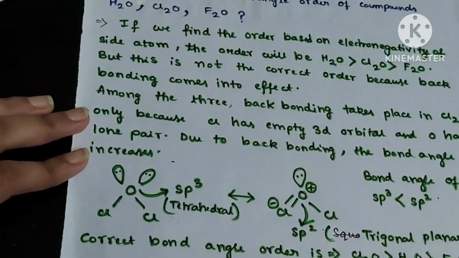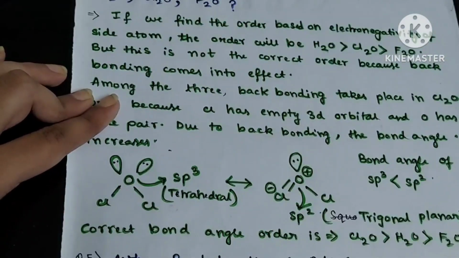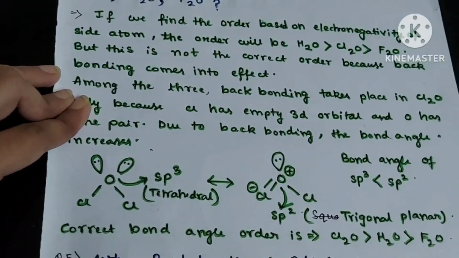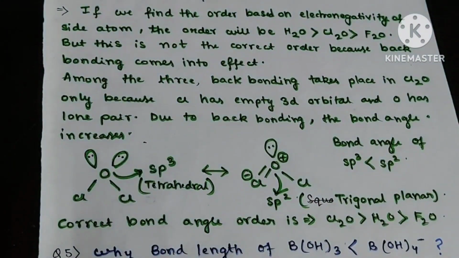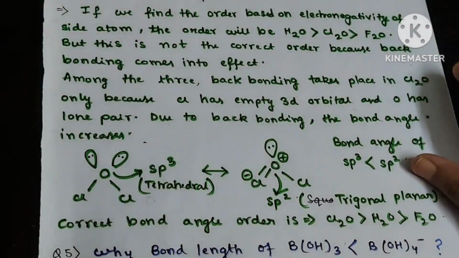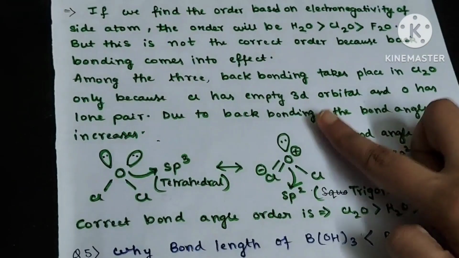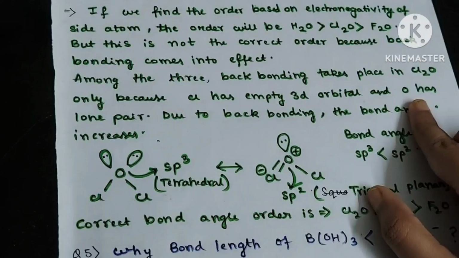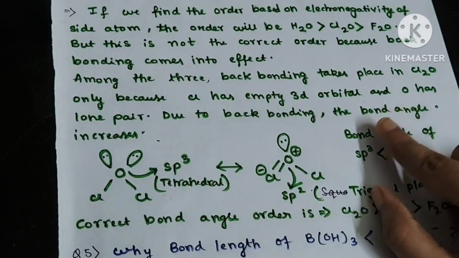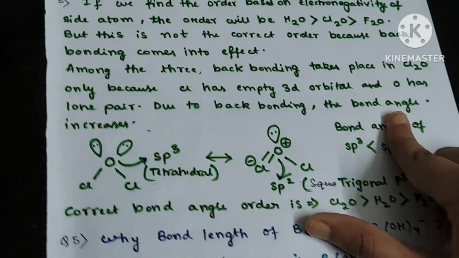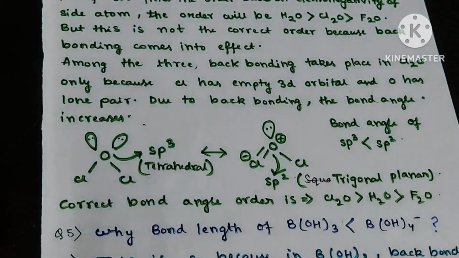This order is wrong because among the three, back bonding takes place only in Cl2O, because Cl has empty d orbital and oxygen has lone pair. Due to back bonding, the bond angle therefore increases.